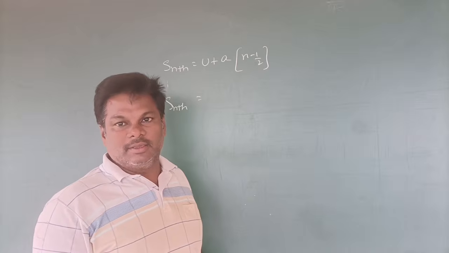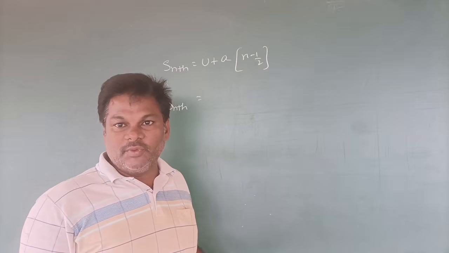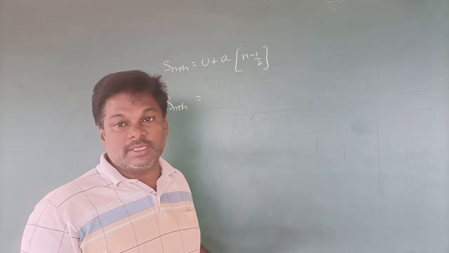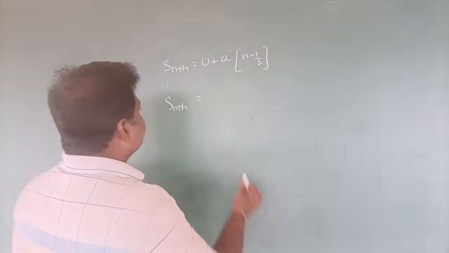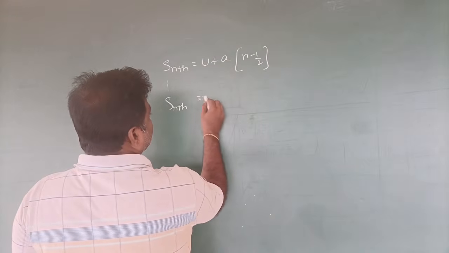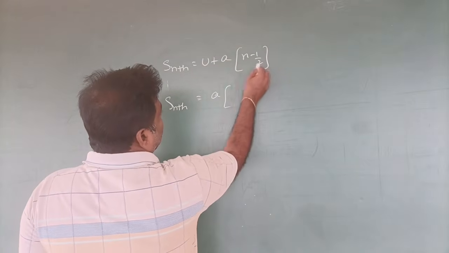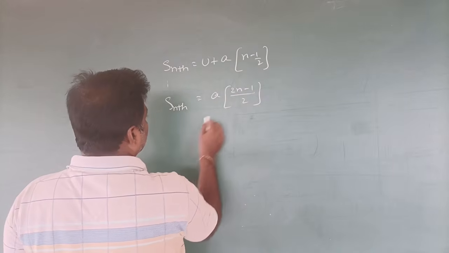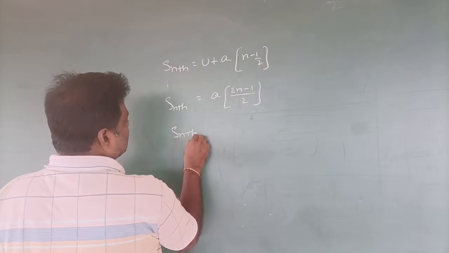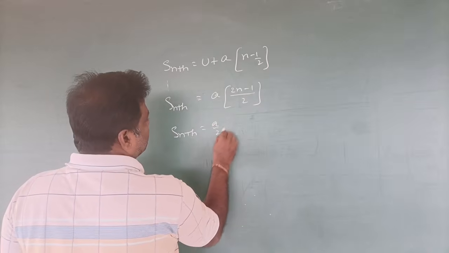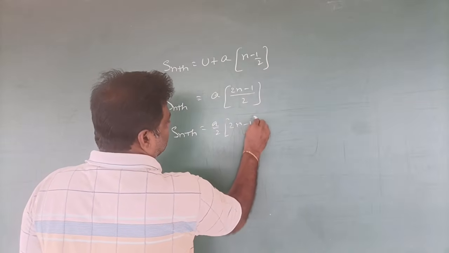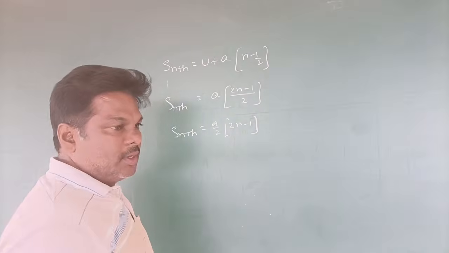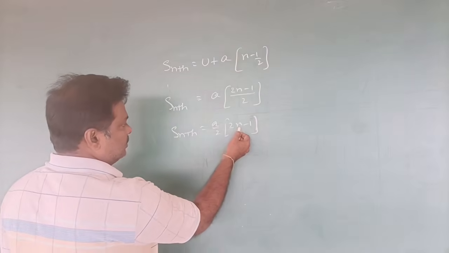Because it is a falling. In the initial condition itself, when an object is falling, its initial velocity is equal to 0. Then 0 plus a into, observe this, 2n minus 1 by 2. So here they both are constant. Sn is equal to a by 2 into 2n minus 1. This is our formula. So substitute 1 here.